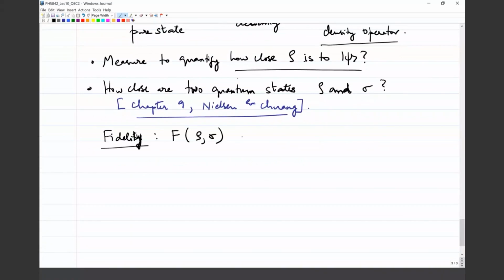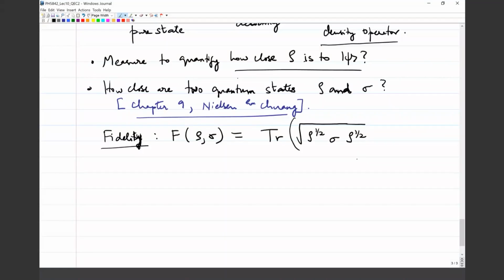So this is defined as follows. It is defined as the trace of the square root of this operator, which is rho to the half sigma rho to the half. This looks like a very strange measure. So what are you doing?